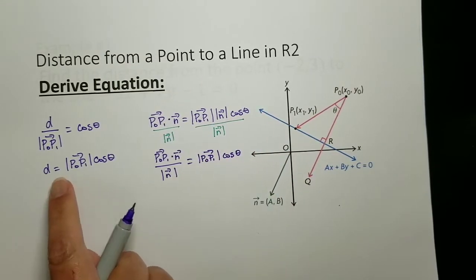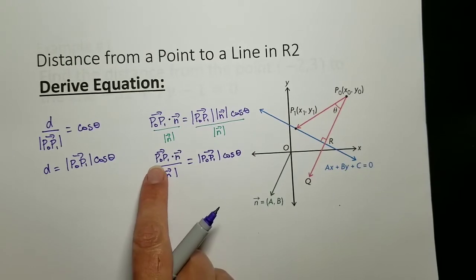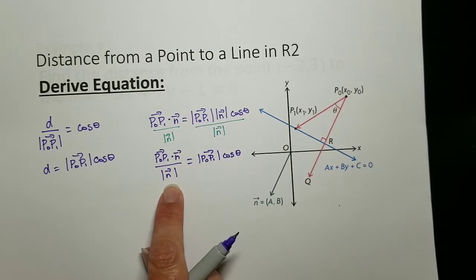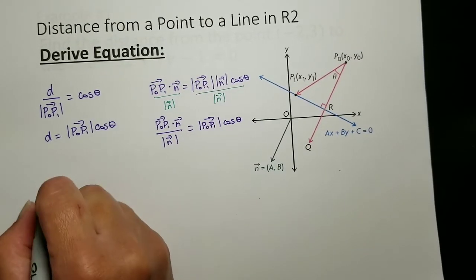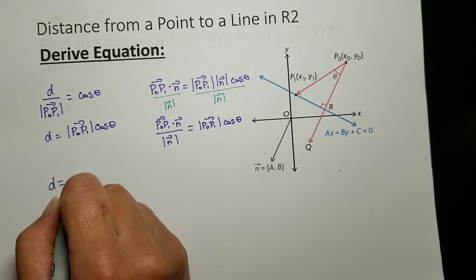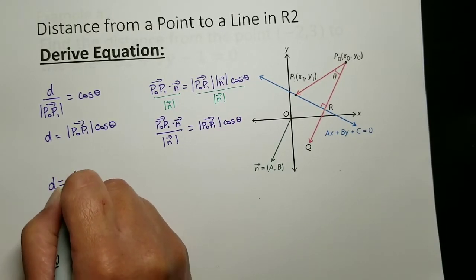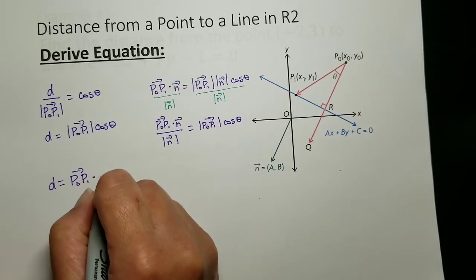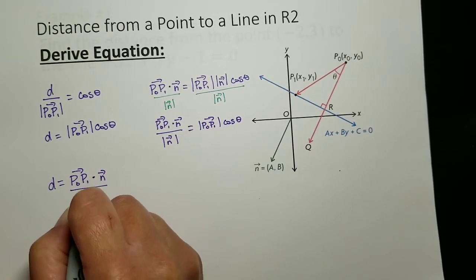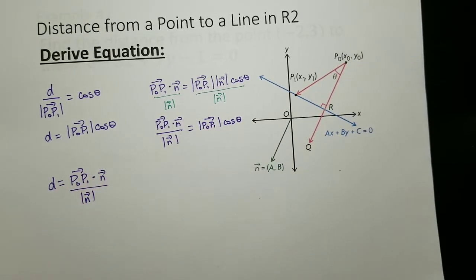So now we can see that the distance we can write as this dot product divided by the magnitude of the normal. So D equals this dot product divided by the magnitude of the normal.